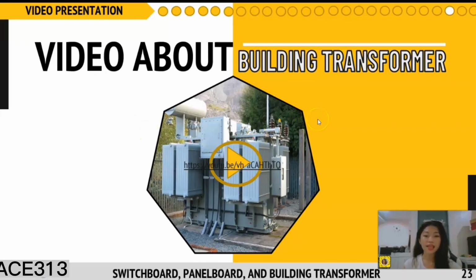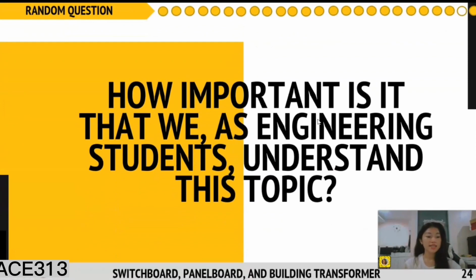So in the next slide, there is a question on how important it is that we as engineering students understand this topic. The answer is that a civil engineer should have wide knowledge about the basics of electrical and mechanical.